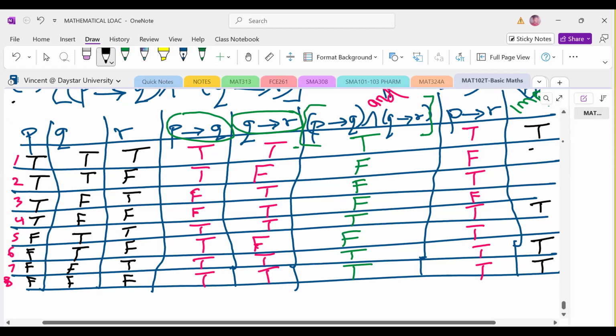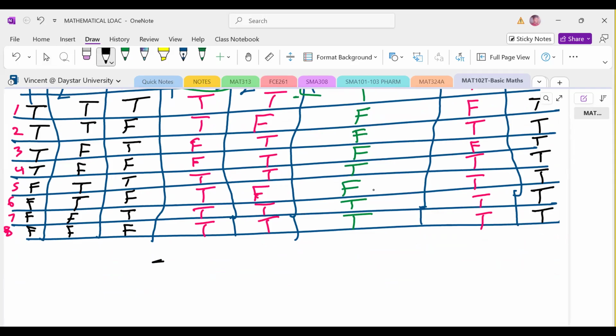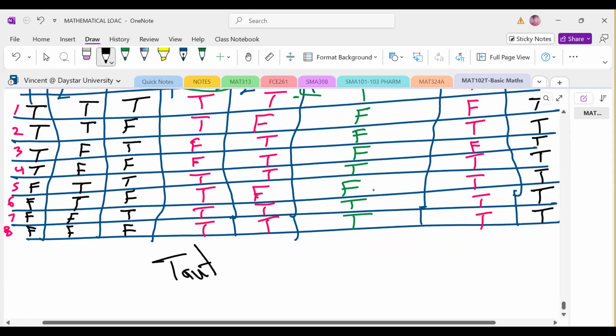So now the rest of the spaces we know to put T, right? So the verdict of this compound statement? It will be a tautology because everything has become T, right? So therefore this is a tautology.